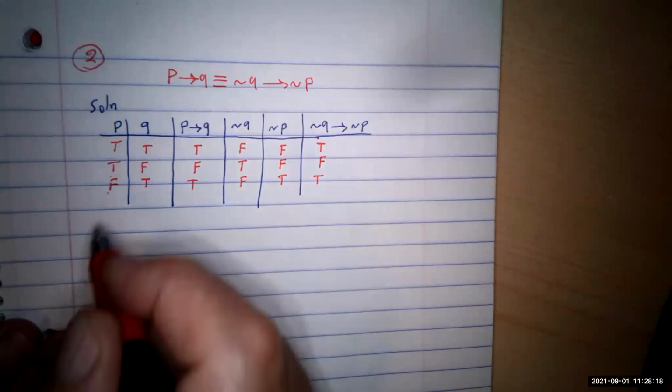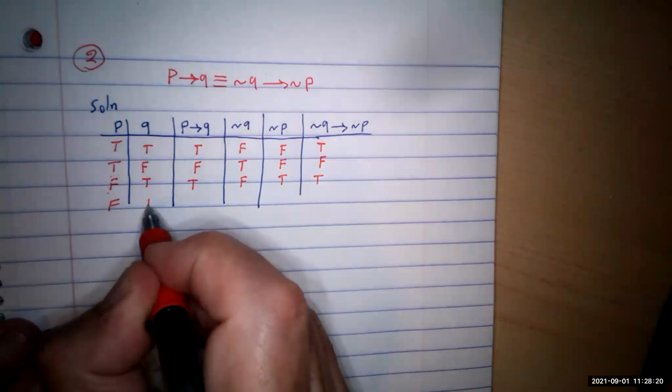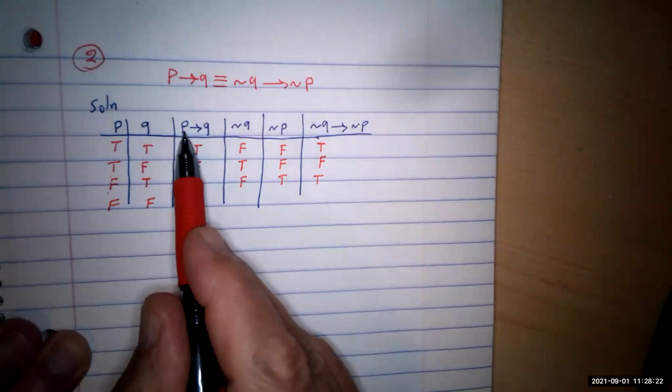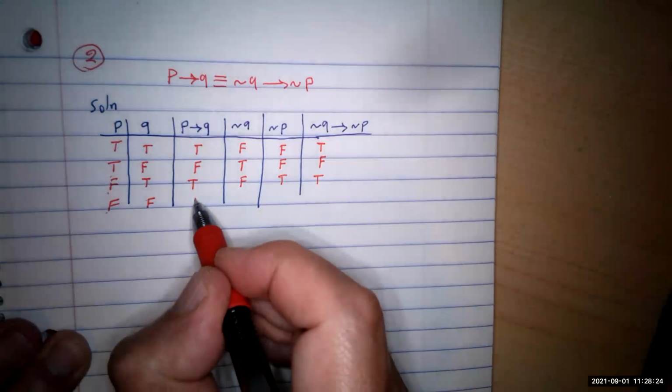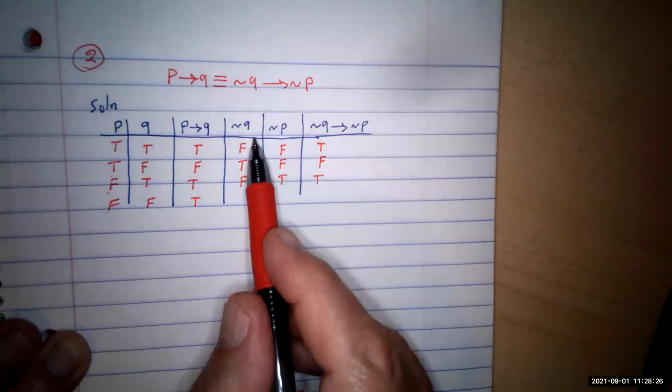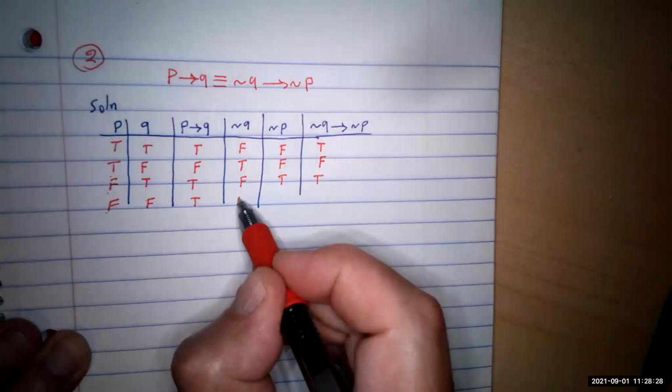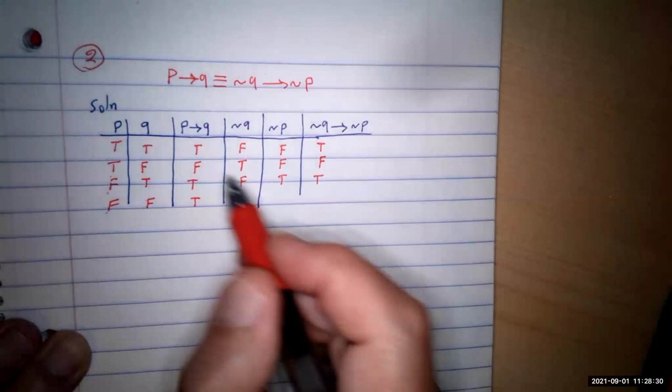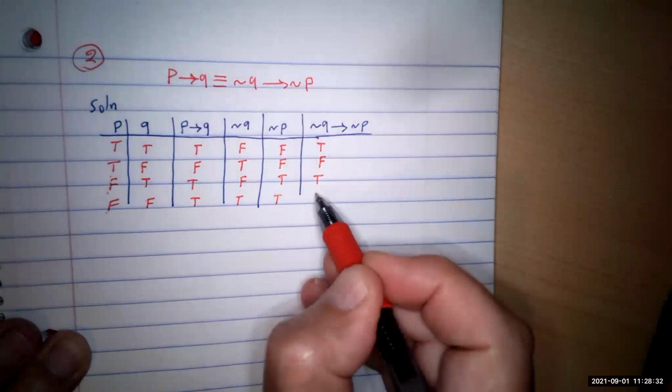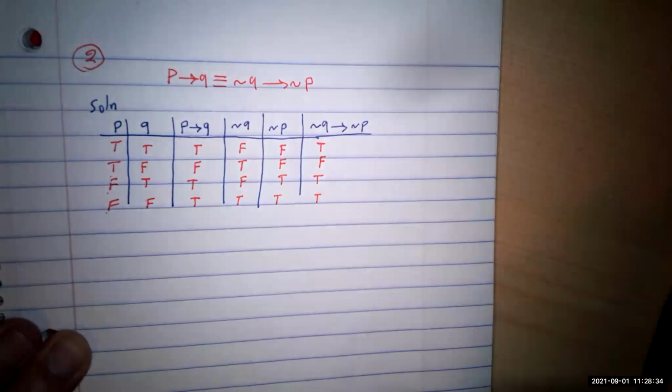Okay, and the last one, false, false. So we start with the false statement. This result is always true. Not Q would be true. And the not P would be true. True, true, the result would be true. That's it.